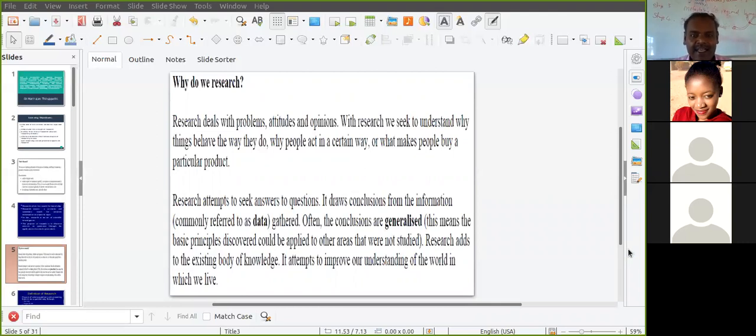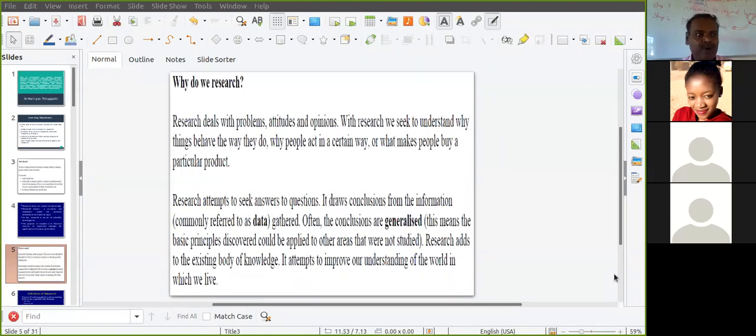Research deals with problems, attitudes, and opinions. With research, we seek to understand why things behave the way they do, why people act in a certain way, or what makes people buy a particular product. Or you can say, to understand the existing knowledge, problems, attitudes, and opinions of the participants.